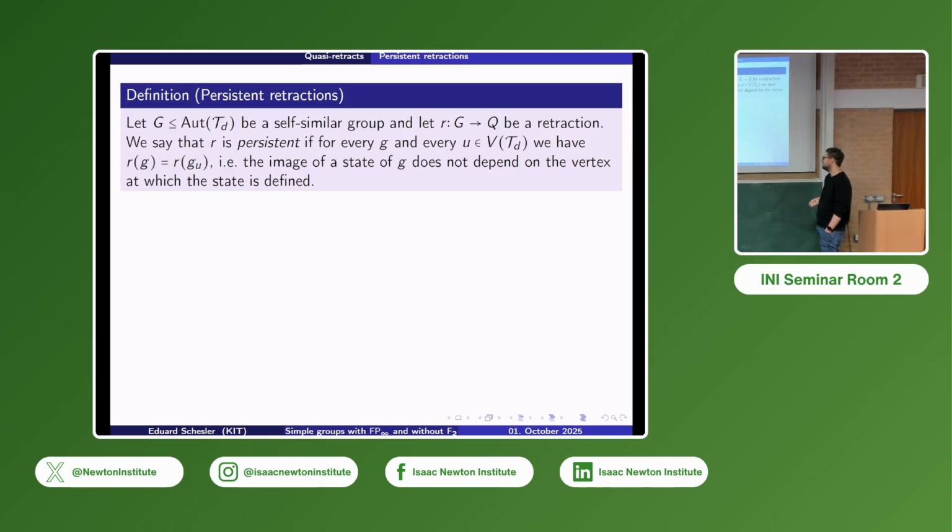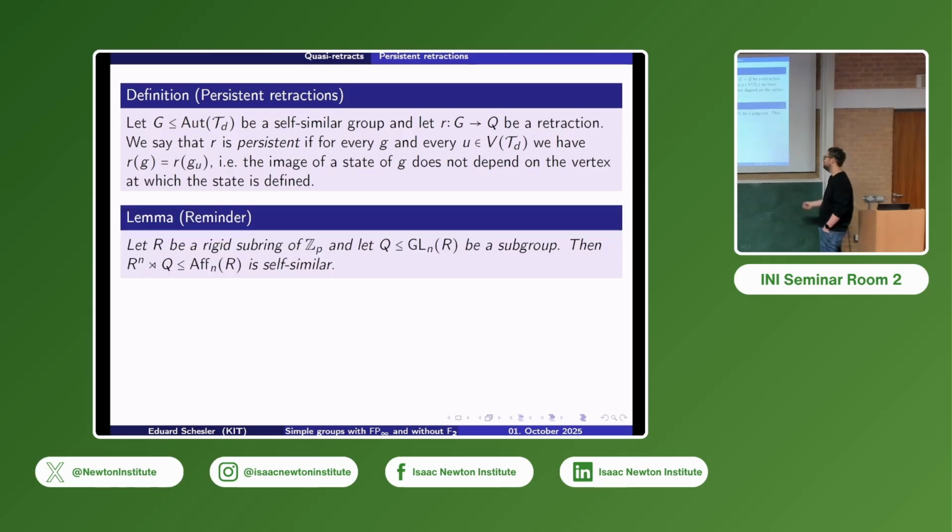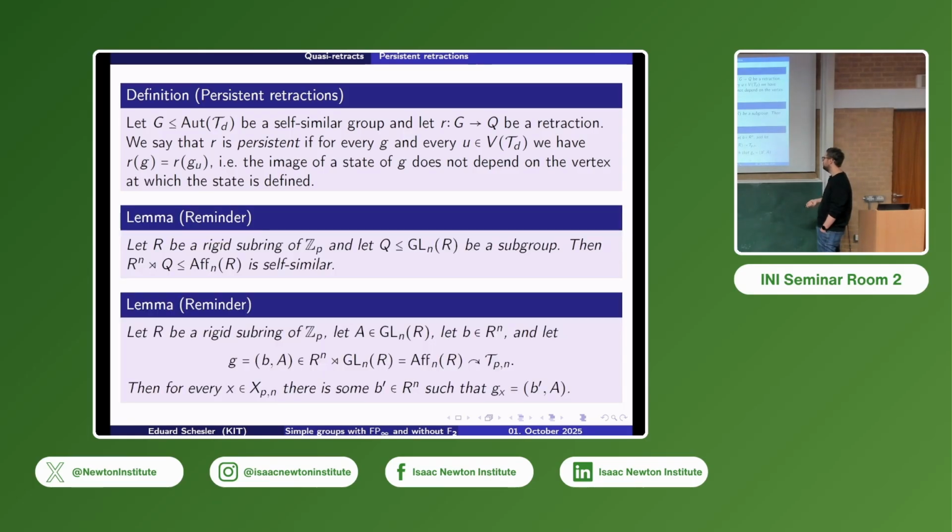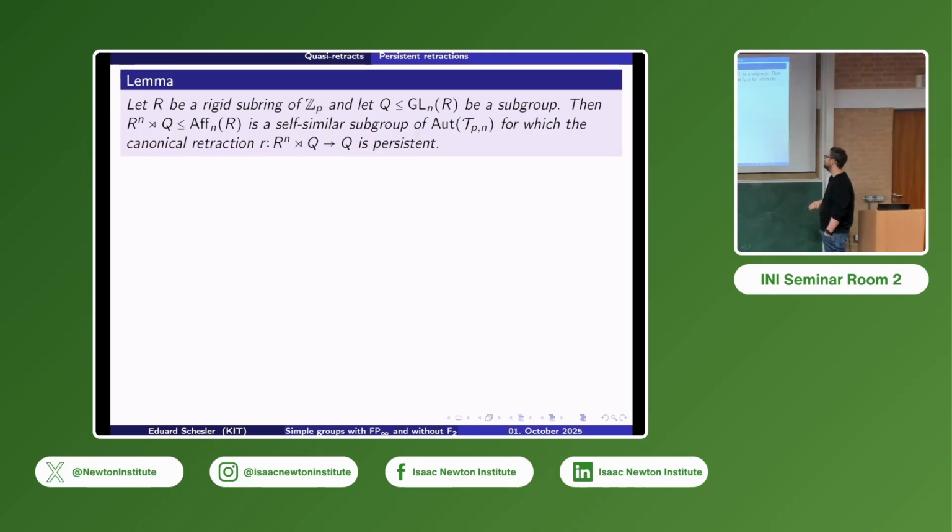So this persists at the states of a given element. We have seen already an example of a persistent retraction, namely in the affine groups that we have seen, the projection to the linear part is a persistent retraction.